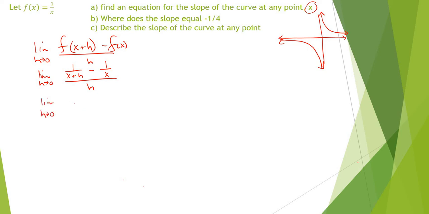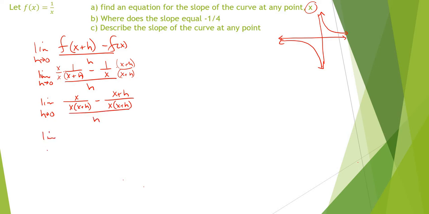In order to add those together, I need a common denominator. So I'm going to multiply the left by x over x, the right by x plus h over x plus h, creating a common denominator. So x over x times x plus h minus x plus h over x times x plus h, all over h still.